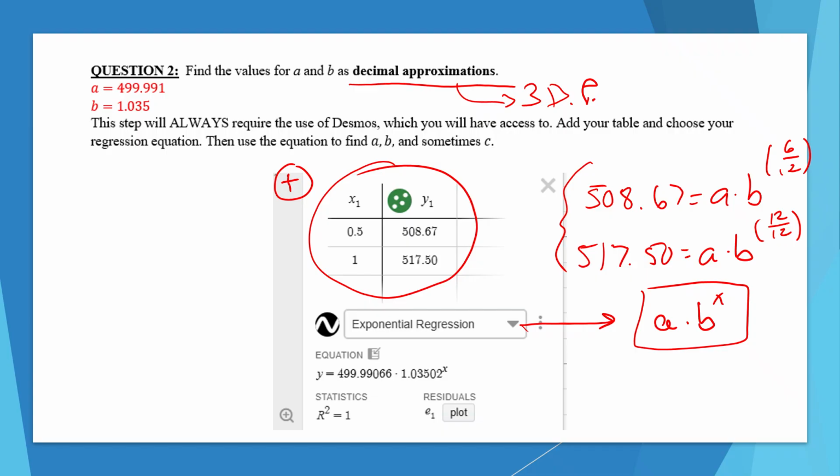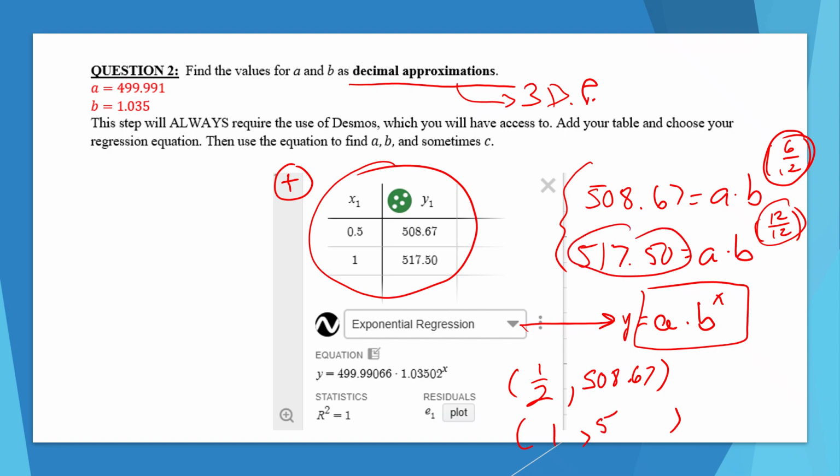So what we have to do here is taking these two equations, we should get 508.67 as our y value here for our first point. And then our x value is going to be, because it's y equals a times b to the power of x, 6 over 12, so 1/2. Our next coordinate we're going to plug into our table is going to be our x is 12 over 12, which is 1, and then our y value is 517.50.